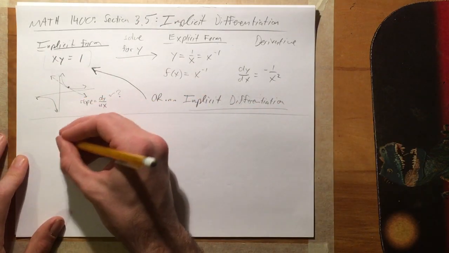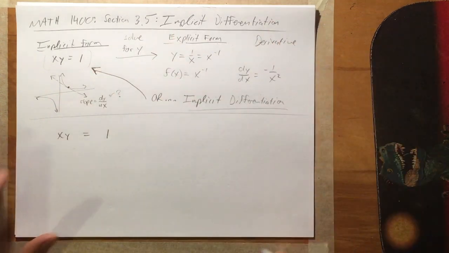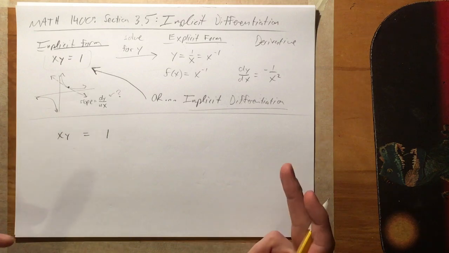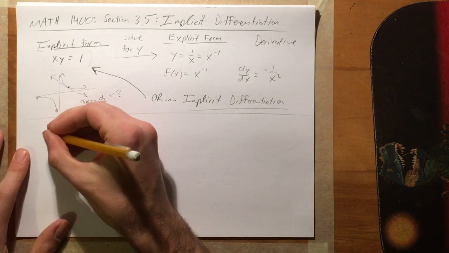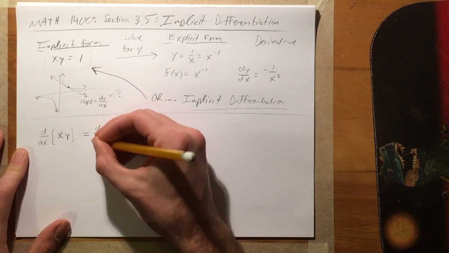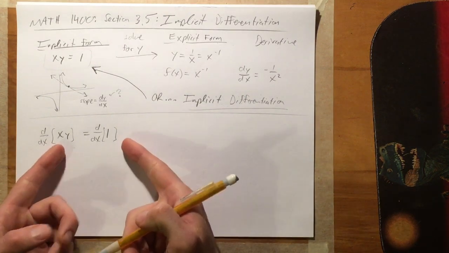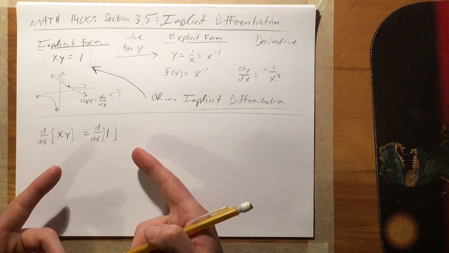You take your implicit form, xy equals 1. I'm just going to do it for this example, and then we'll do it for other examples as well. Then you take the derivative with respect to x on both sides of the equation. If these values are equal, their derivatives are going to be equal as well. So this is a valid step.